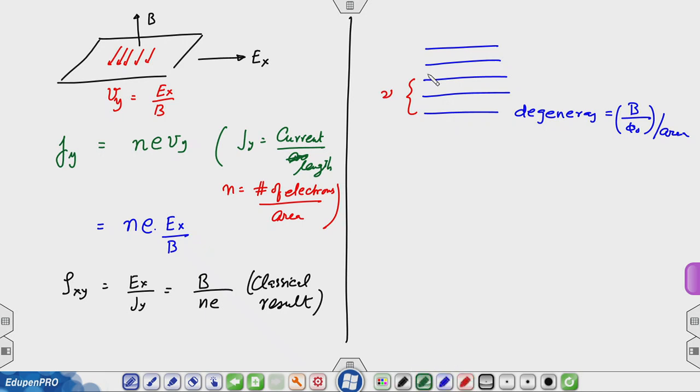So, the Fermi energy would lie either in this Landau level or somewhere in between. This is my Fermi energy. All these levels are filled and these are empty. So, these are filled levels.